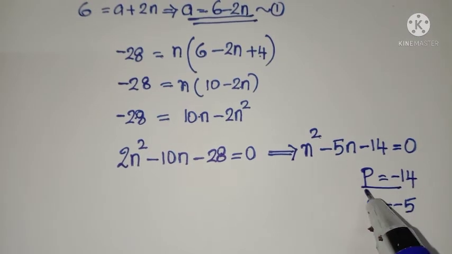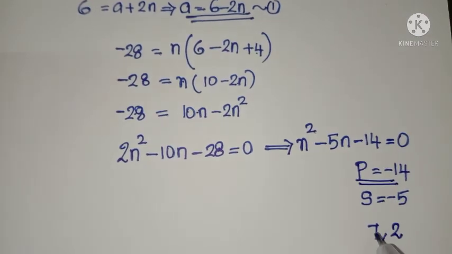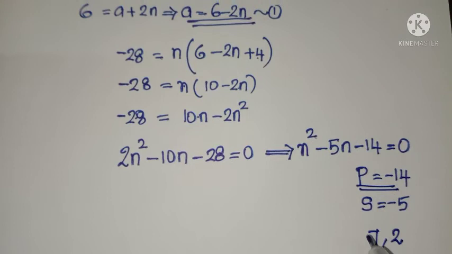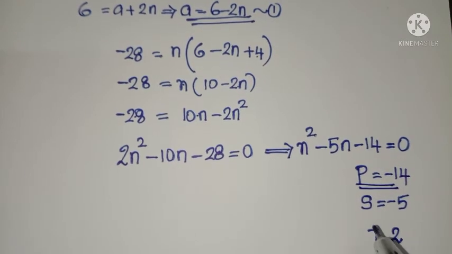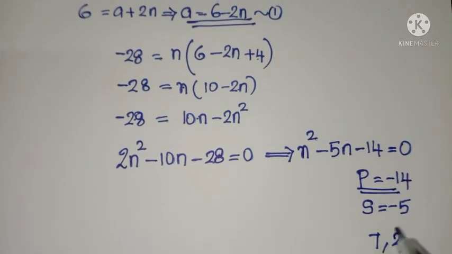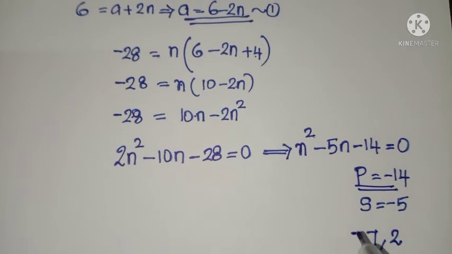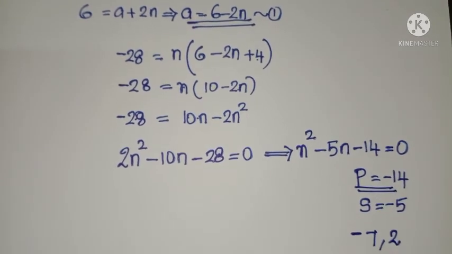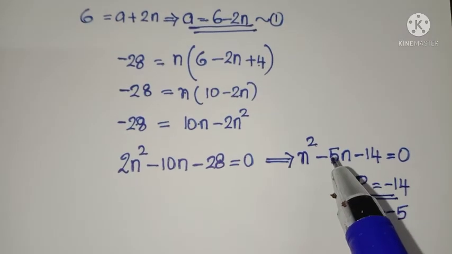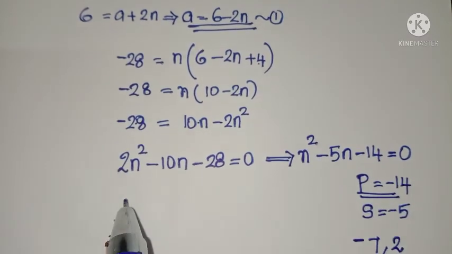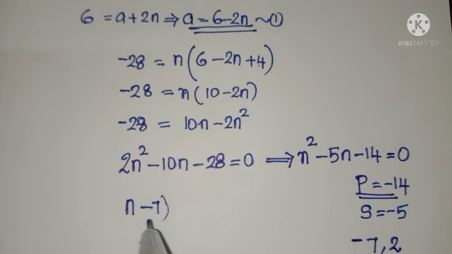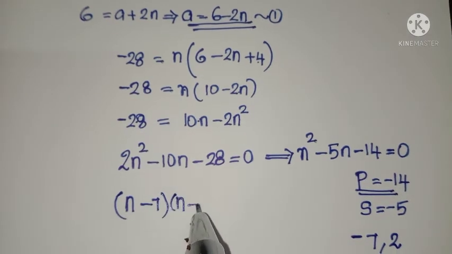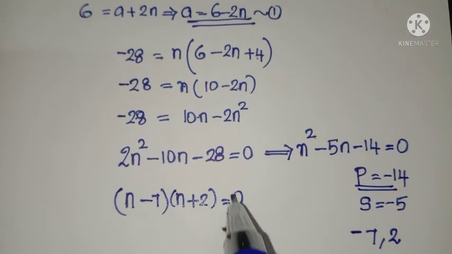Here the product is negative, so one number is positive and the other negative, and give the negative sign to the larger number. So the numbers are minus 7 and 2. So listen children, this quadratic equation can be written as n minus 7 into n plus 2 equal to 0.